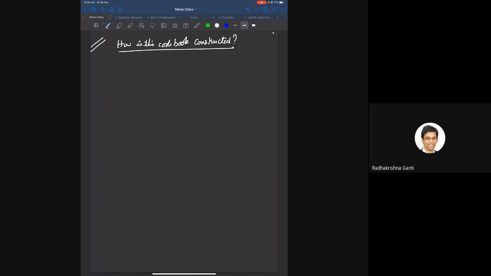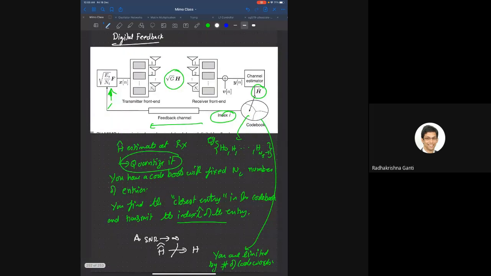So today we will look at how to construct this code book, how to do this beamforming. Where were we in the last class? We were looking at the digital feedback. Just to give a recap: the channel is estimated. After it's estimated, you have a code book. The code book consists of multiple matrices that are known both at the transmitter and the receiver.